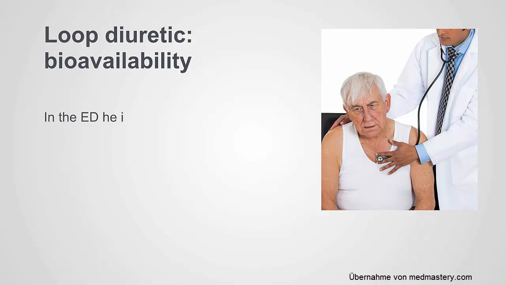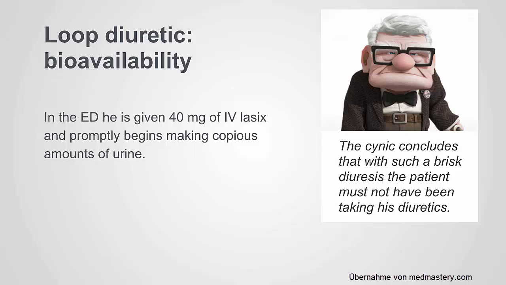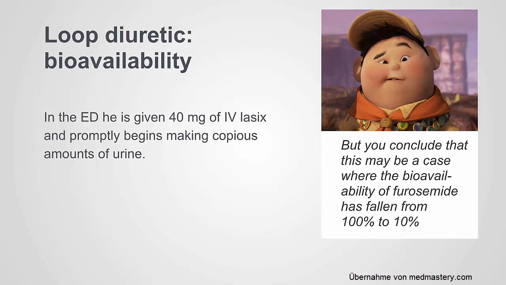And in the emergency room, he's given a dose of IV Lasix and promptly begins making copious amounts of urine. Now, the cynic concludes that with such a brisk diuresis, the patient must not have been taking his diuretics. But another possibility is that this may be a case where the bioavailability of furosemide has fallen in this individual from 100% to 10%.